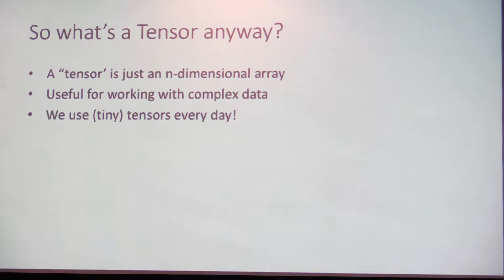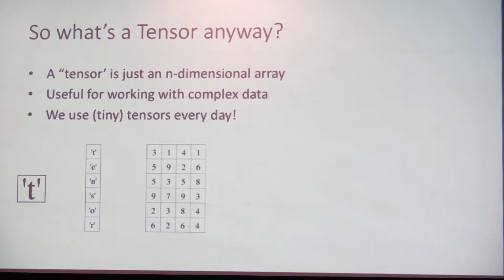So it's sort of similar with tensors. Tensors are a generalization of arrays and matrices. So we use them all the time in just smaller forms. So this is a tensor. It's just a one-dimensional tensor. This is an array. And this is a matrix.